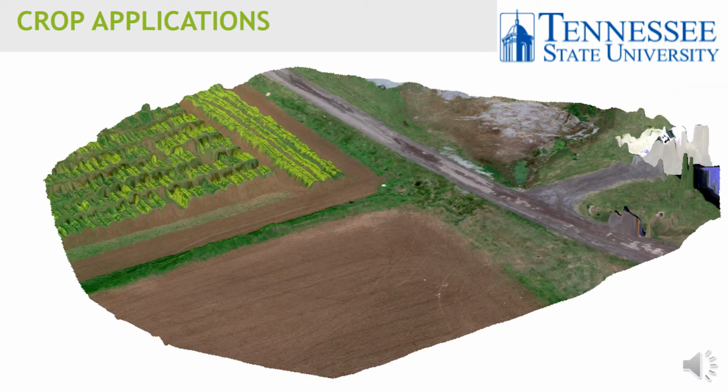This slide shows a digital surface model of one of the plots with canola plants that we were able to capture a few years ago. The yellowish colors show the flowering of the canola plants when the images were captured.